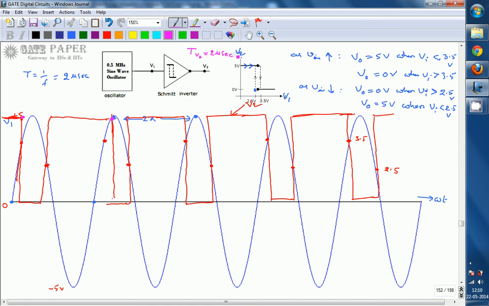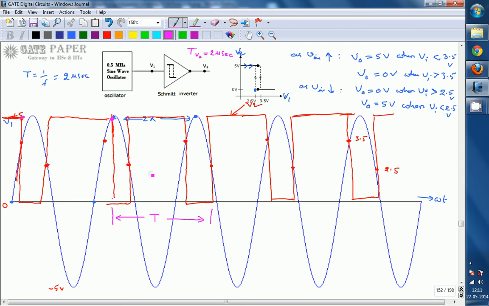Now we are going to calculate the duty cycle. Duty cycle is how much of the period the waveform is in the active state compared to the total time period. This is one complete cycle.